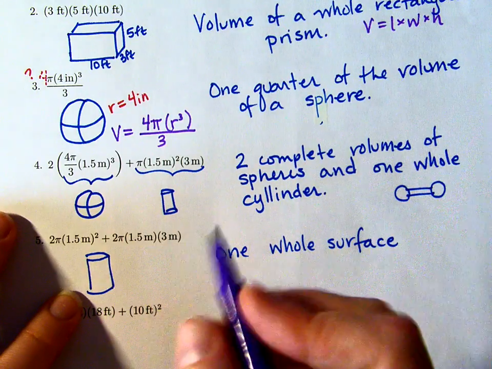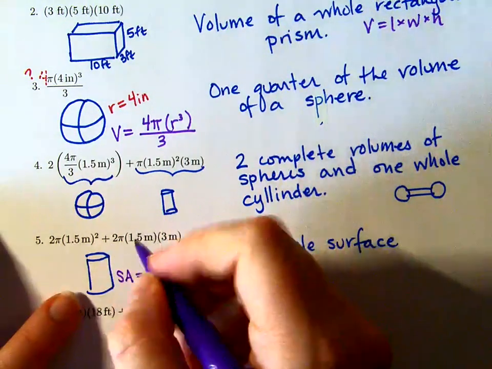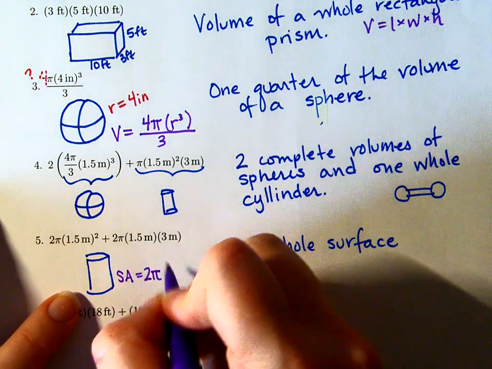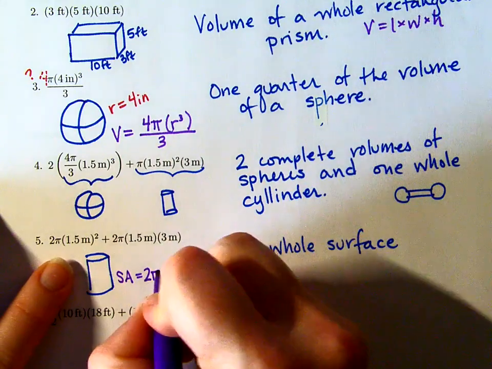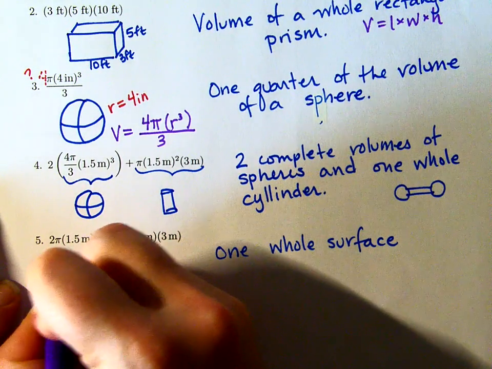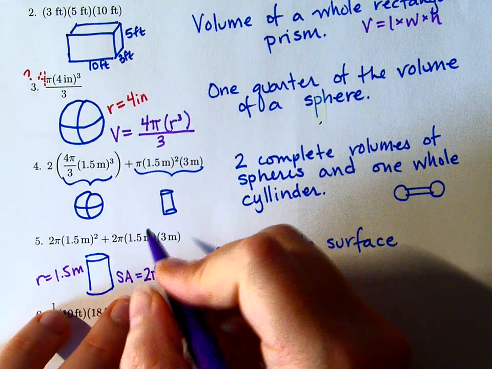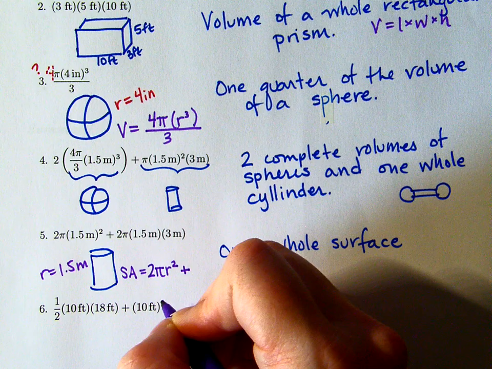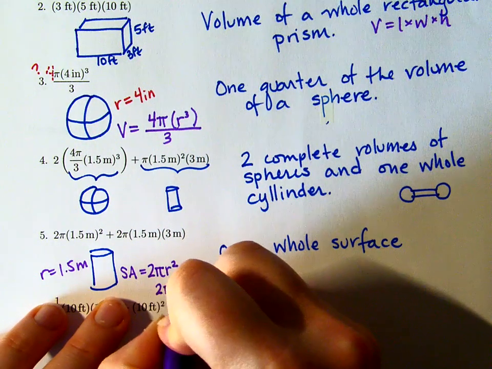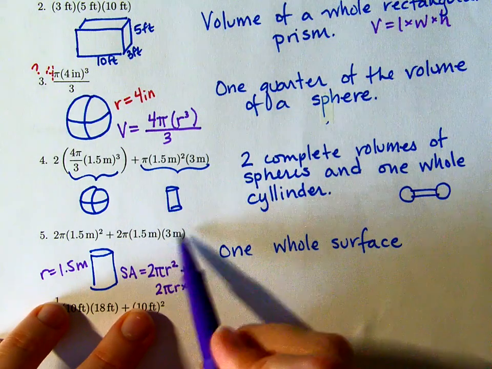What was our surface area? 2 pi, I'm going to write it as 2 pi r squared. So the radius here would be 1.5 meters plus, and the formula said 2 pi r times h. 2 pi r times h. So the radius is 1.5 and the height is 3.